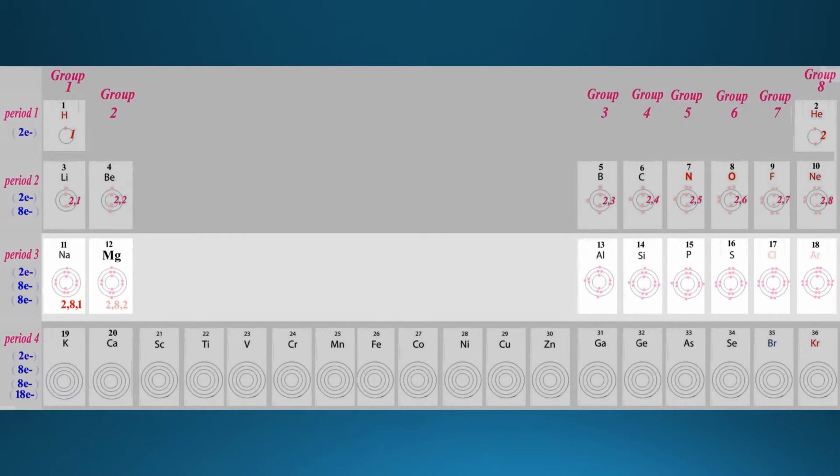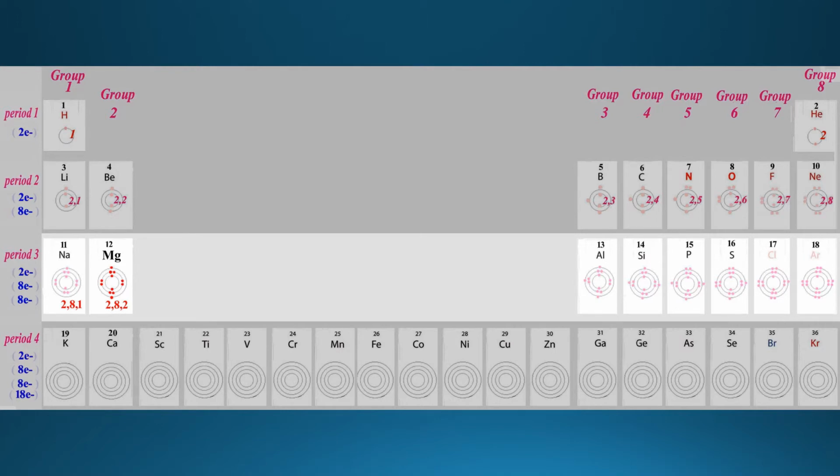Magnesium, 12 protons, must have 12 electrons. How are these 12 electrons distributed? First shell 2, second shell total 8. How many now? You got 10. 2 more remaining. So the next shell you can hold 2.